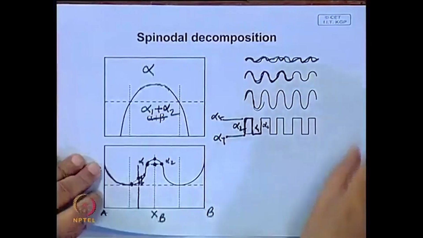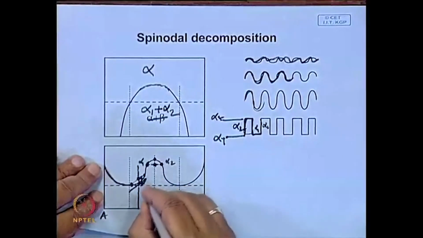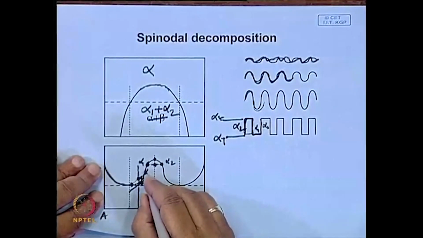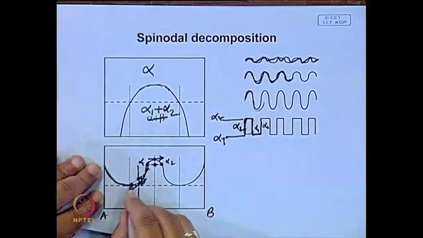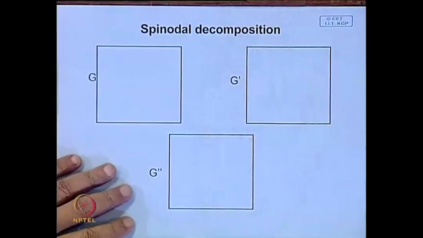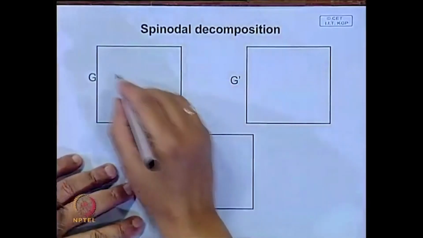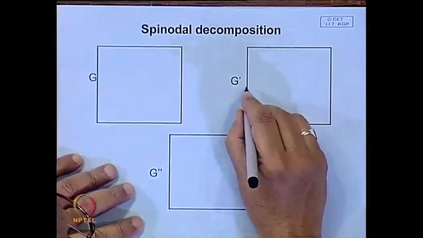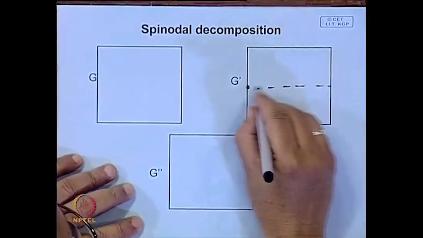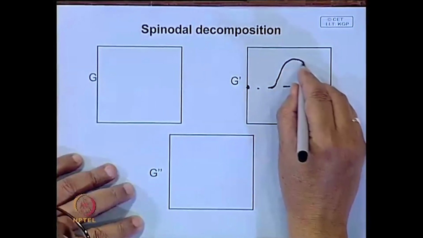And you can easily show the condition under which this takes place. If you look at the slope of this curve, the slope here is increasing, somewhere in between it becomes maximum, again the slope comes down. If you define this as G slope, somewhere the slope is 0 and then somewhere slope will become maximum and come down.